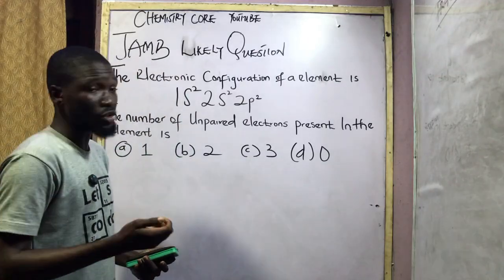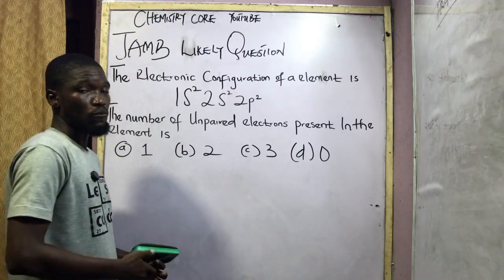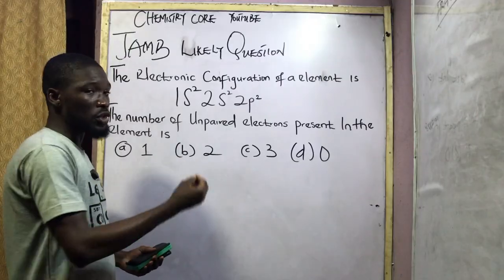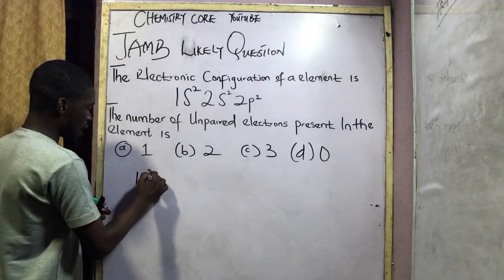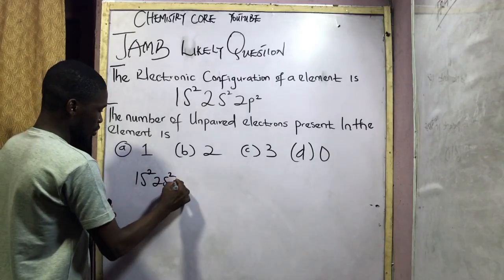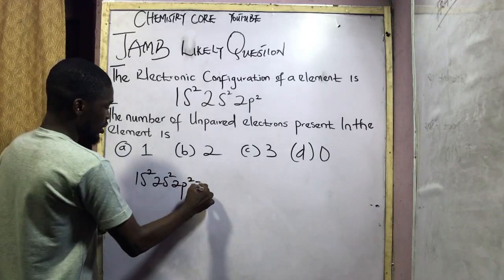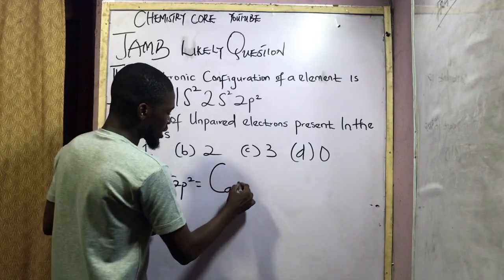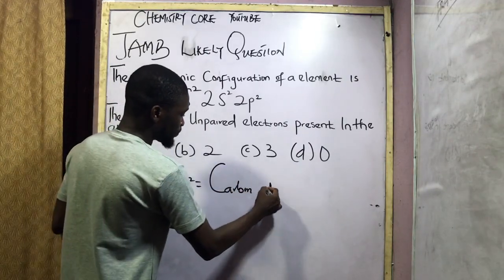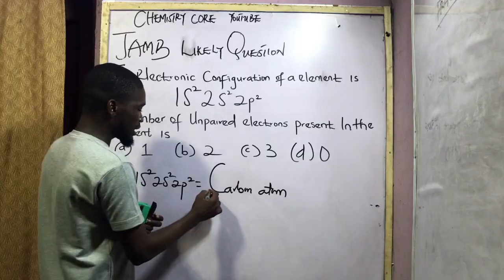As far as electronic configuration is concerned, the first thing you need to know is that the element given to you is 1s2, 2s2, 2p2. This element is carbon. We'll call it carbon atom with atomic number what?